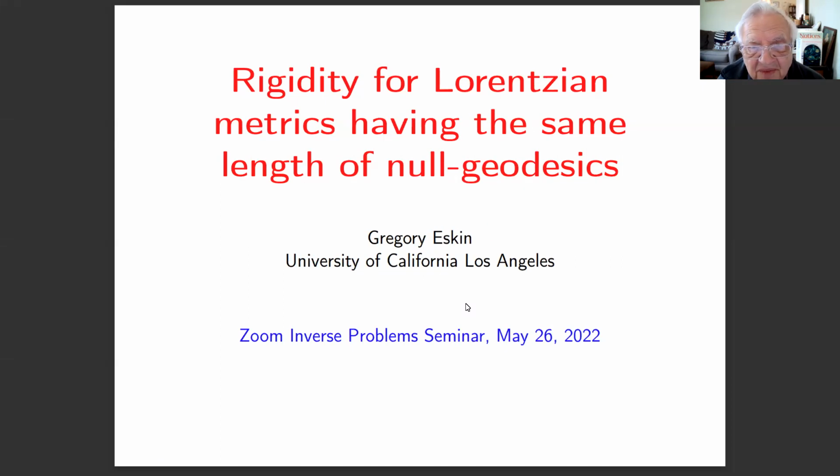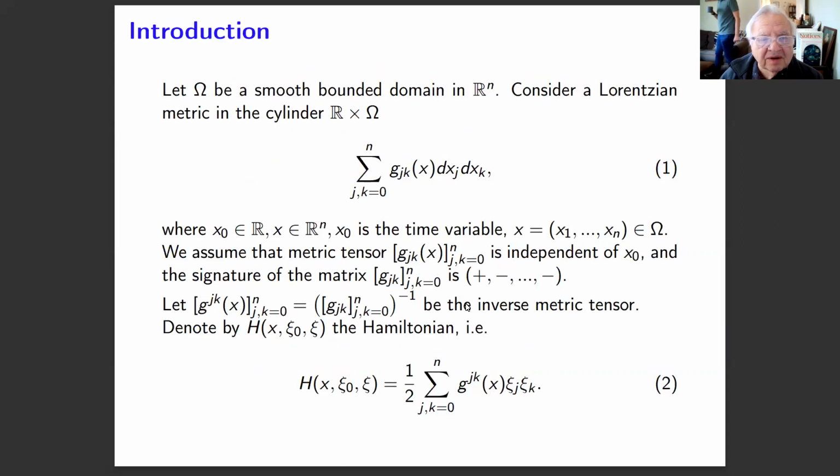The talk is about rigidity for the Lorentzian metric. Short introduction. Let omega be a smooth bounded domain. Consider a Lorentzian metric in the cylinder R cross omega.